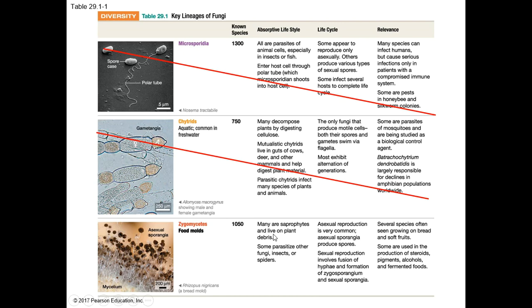They live on plant debris. Some are parasitic. They affect insects, spiders. And the hyphae of different mating individuals will fuse during sexual reproduction in the case of the zygomycetes. We did see that earlier. Really common here, you'll see these as common black bread mold as a pest and things like that. So really want to recognize that one.